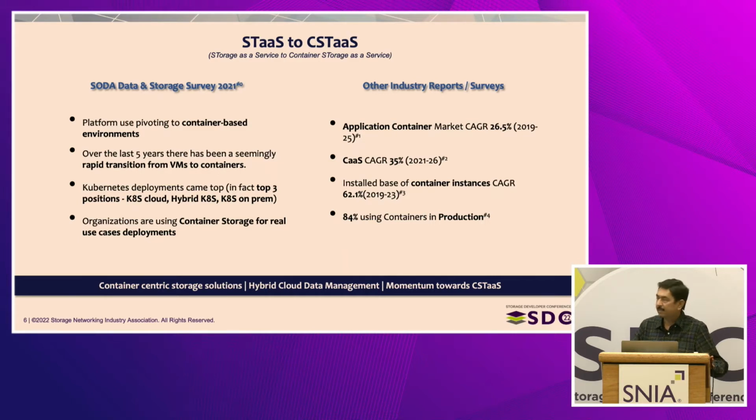Kubernetes is, of course, the topmost deployment platform right now, whether it is cloud, on-premise, or even on the edge. And container storage is real. It's real for whatever reason, but it is real. People are using it in production. And if you look at other surveys available, I think the trend is pretty much similar. Use of containers is growing. That's the key here.